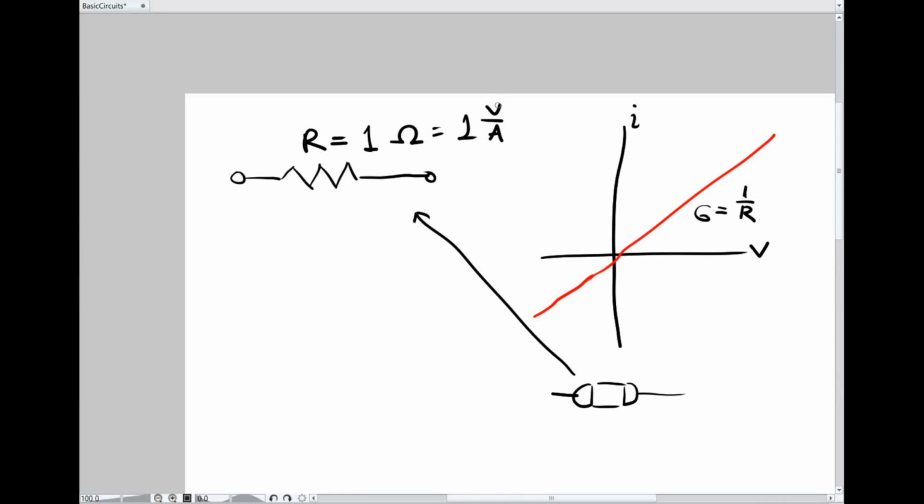So sometimes you'll hear something referred to as Ohm's law. And Ohm's law is voltage is equal to current times resistance. Now this isn't a physical law because voltage doesn't always equal current times resistance. There are other circuit elements besides resistors, right? But we still call it Ohm's law for some reason.